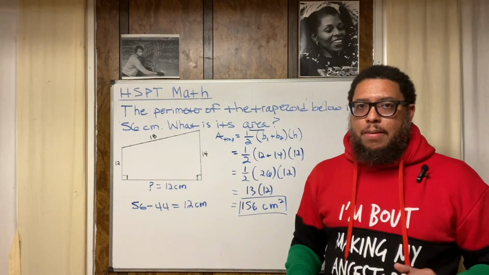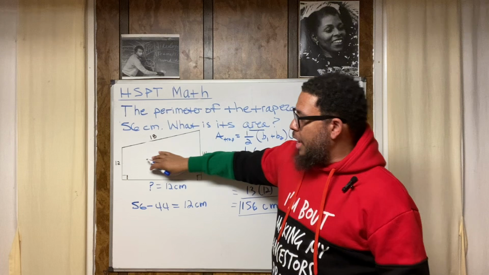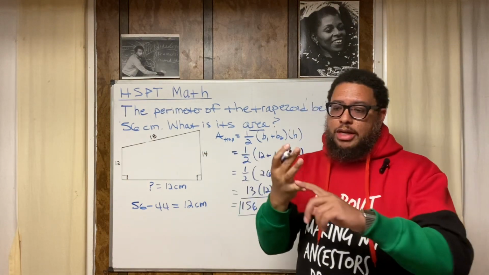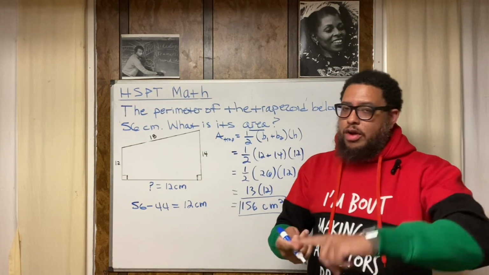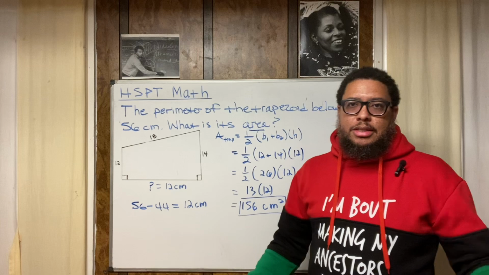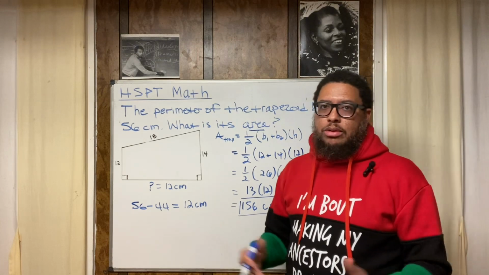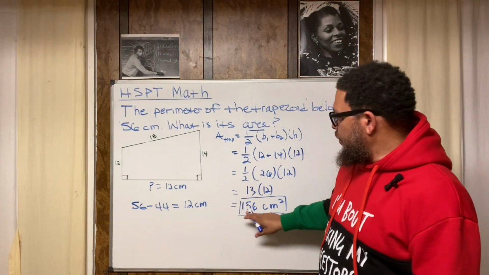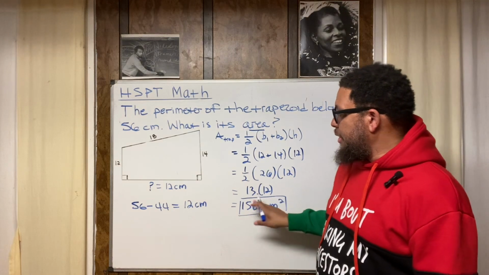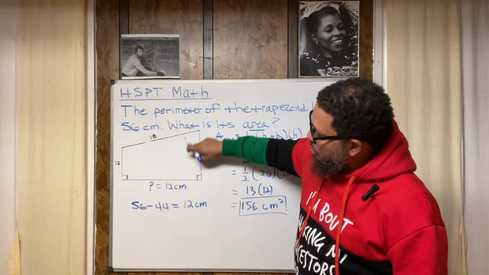That's what area means. That's how we measure the space inside of a shape, whether it's a rectangle, triangle, square, trapezoid, pentagon, hexagon, octagon, whatever. 156 square centimeters is how many squares can fit on the face of this.